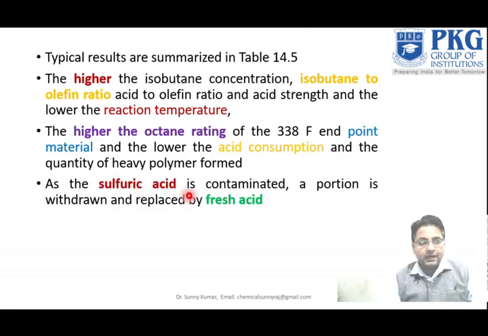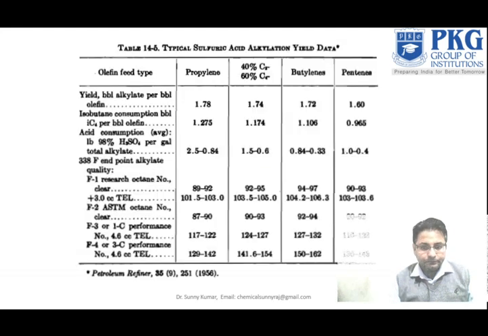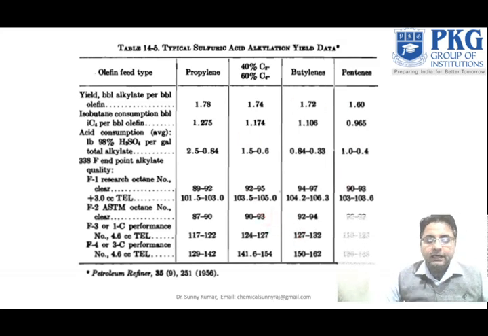As the sulfuric acid is contaminated, a portion is withdrawn and replaced by fresh acid. The effluent treater is to remove acidic material. This is typical sulfuric acid alkylation yield data, table 14.5, which we discussed in the previous slide.